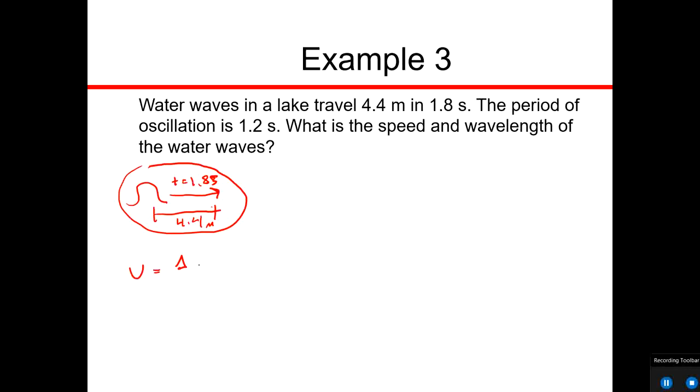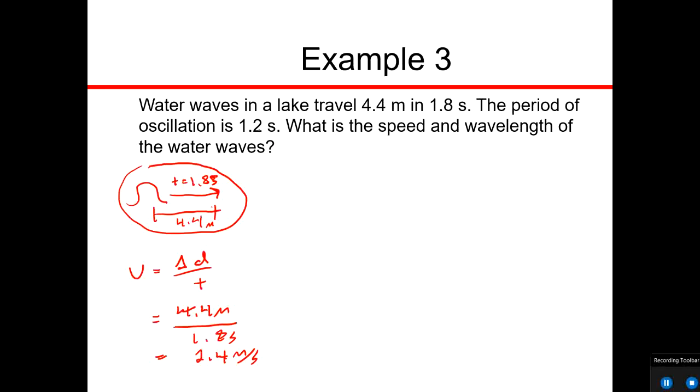So take speed equals distance over time. Our distance is 4.4 meters in 1.8 seconds, and we get a velocity of the wave of 2.4 meters per second. So that's our wave speed. And then it asks for the wavelength.